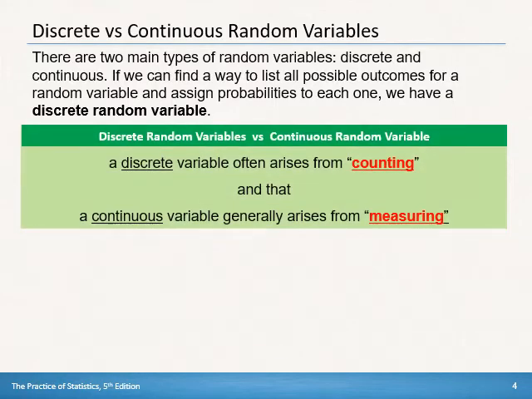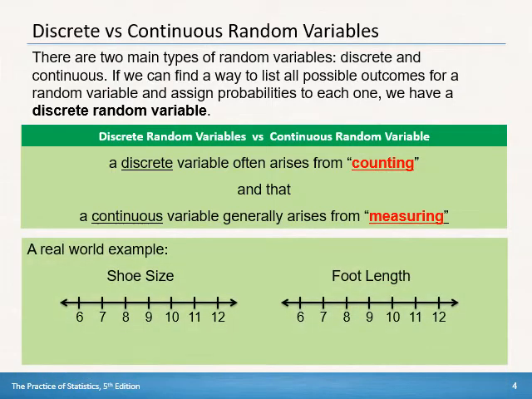All right, so sometimes it helps to think that a discrete variable comes about by counting things, whereas a continuous one comes about from measuring things. So if we look at the example, shoe size. Shoe size is discrete. In other words, you can't have a shoe size of 6.001, but you could have a foot length of 6.001.